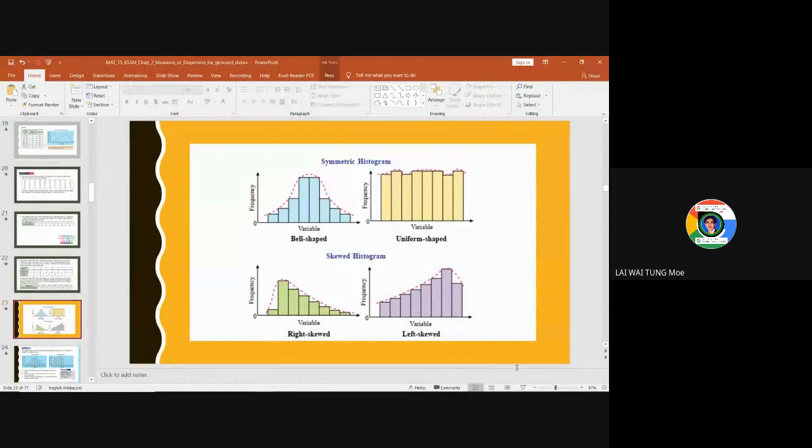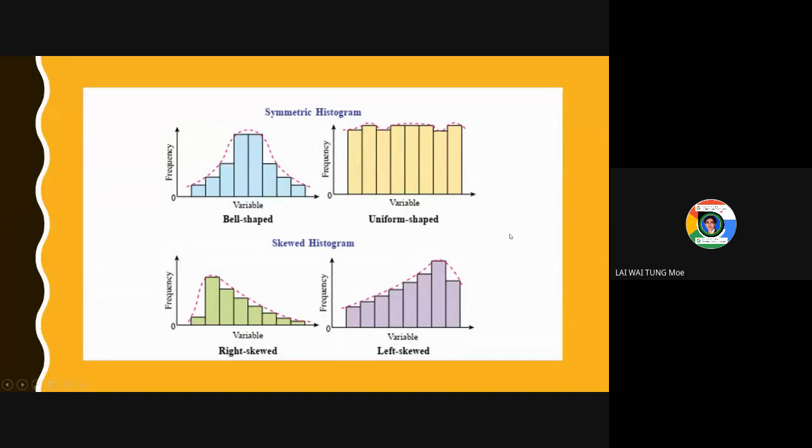When the question asks you how the data is distributed, you can look at the histogram or the frequency polygon to see which shape it is. There are four types of shape, so you can refer to these notes in your textbook.